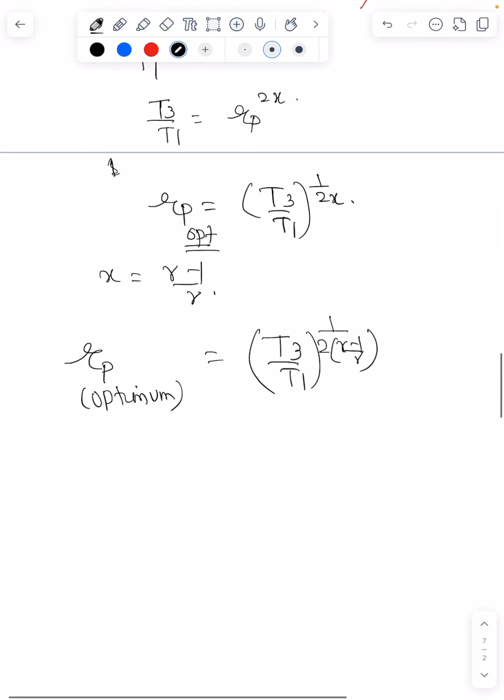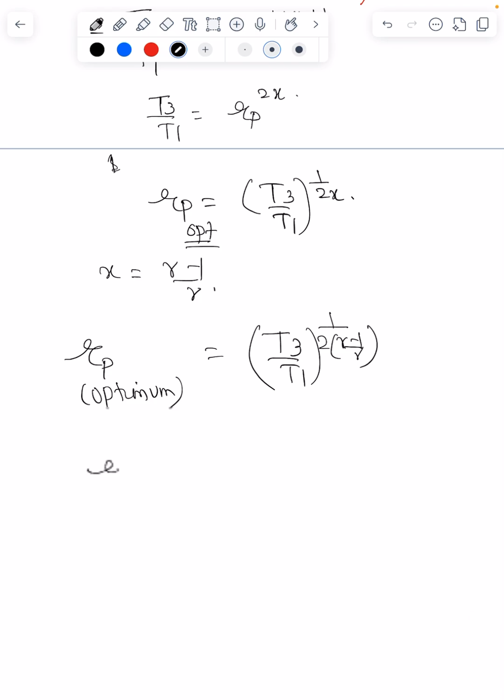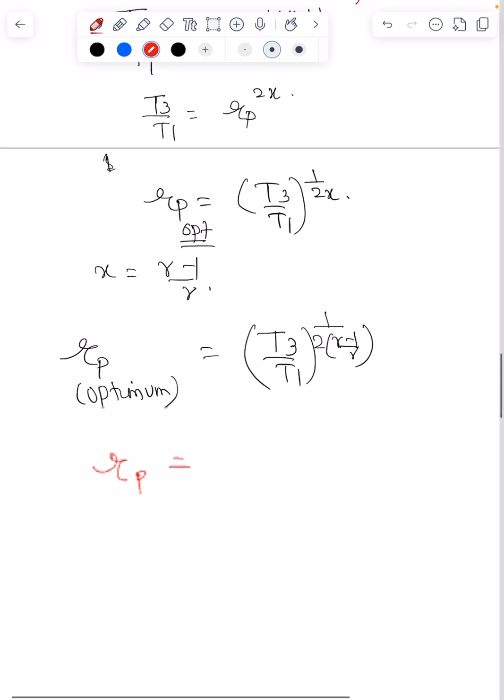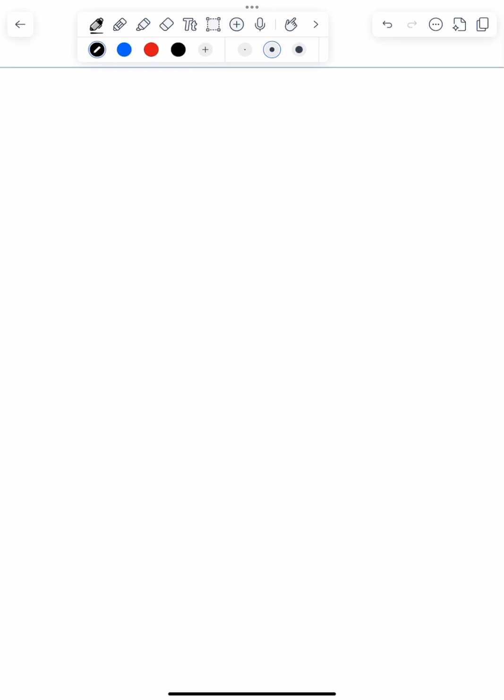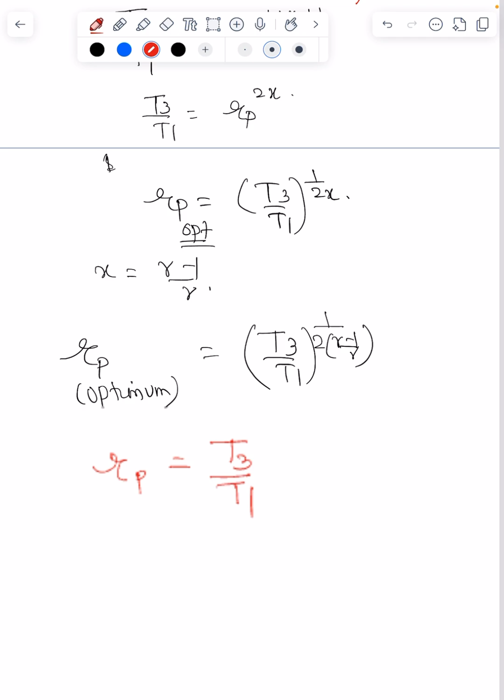Rewriting this, what I get is the following: Rp is equal to T3 upon T1 raised to gamma upon 2 into gamma minus 1.